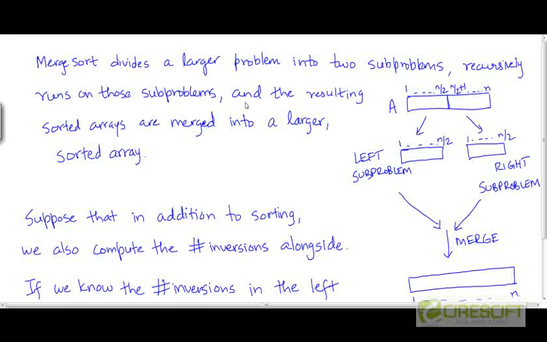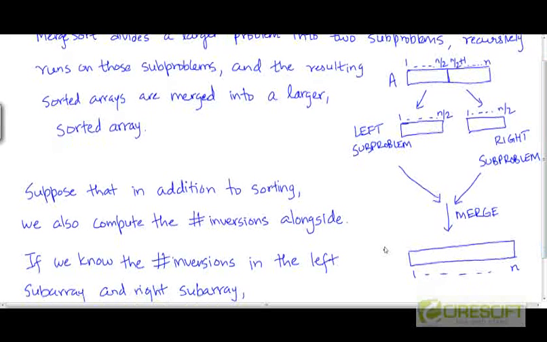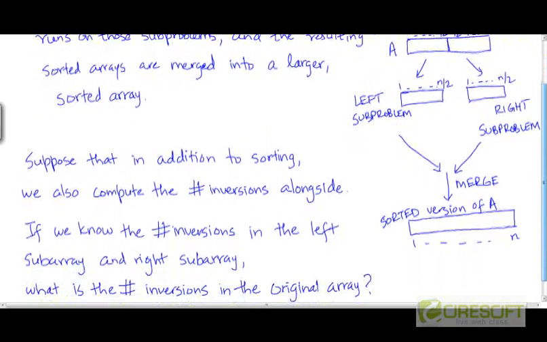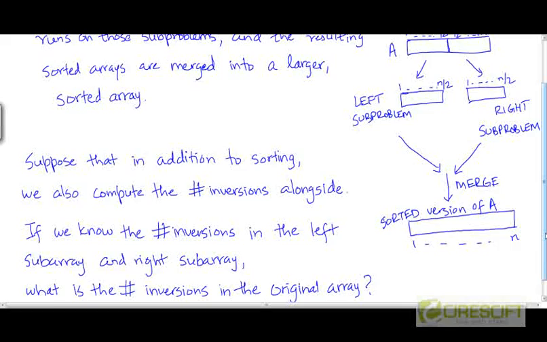And after these recursive calls return their result, the result will be the sorted versions of these arrays. Then these sorted arrays are combined by the merge step of merge sort into a larger sorted array. So this is the sorted version of A. And we've seen how merge sort works in a previous video.